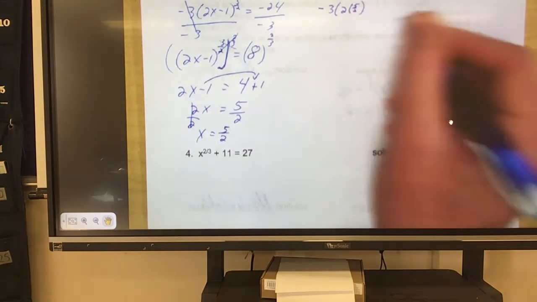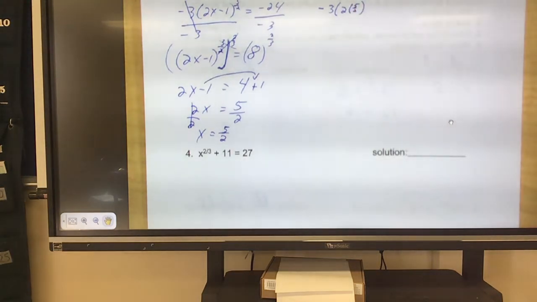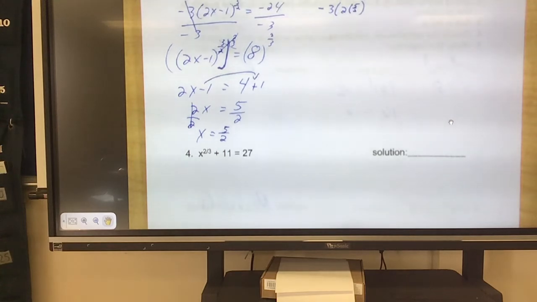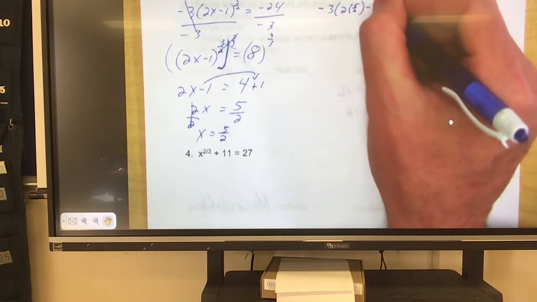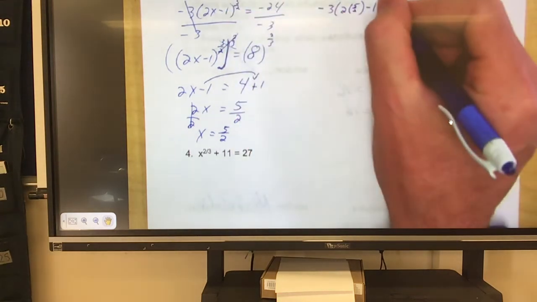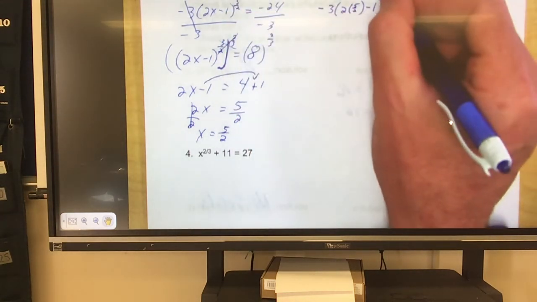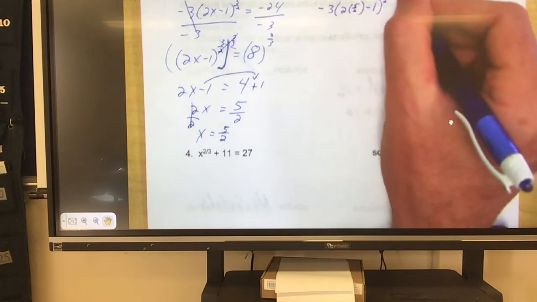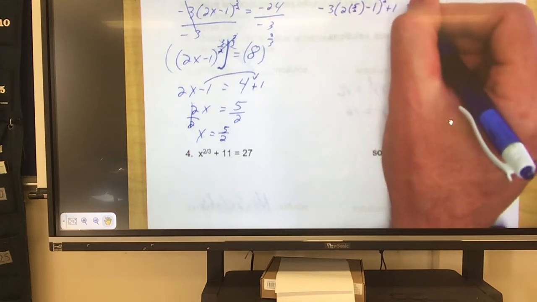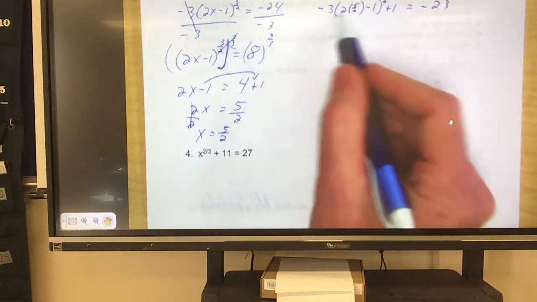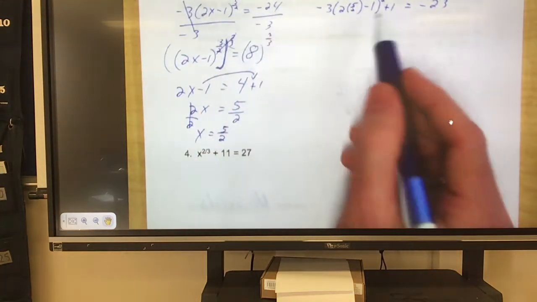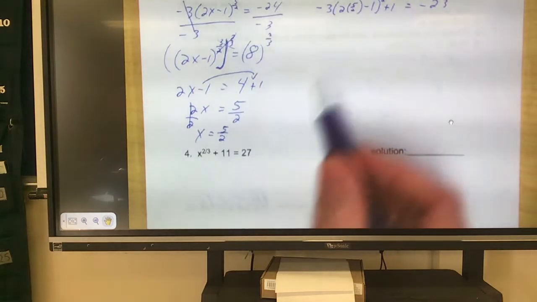We have to put it in parentheses because we want to know that it's times 5 divided by 2, right? 5/2, minus 1, close it, raised to the 3/2 power, plus 1, we want it to equal negative 23. So all I did was take my original equation and put in what we found for x.